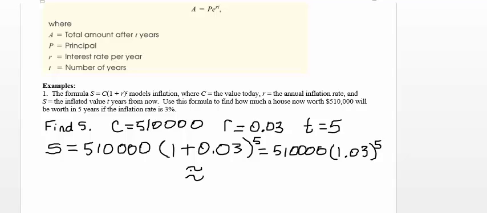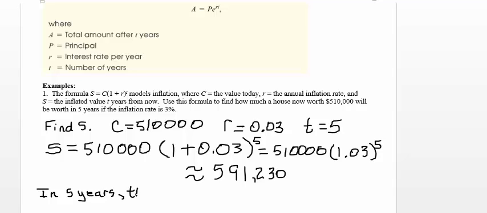So S is 510,000 times 1 plus R, 1 plus 0.03 to the 5th power. So this is 510,000 times 1.03 to the 5th. And I use my calculator to get an approximation of this.